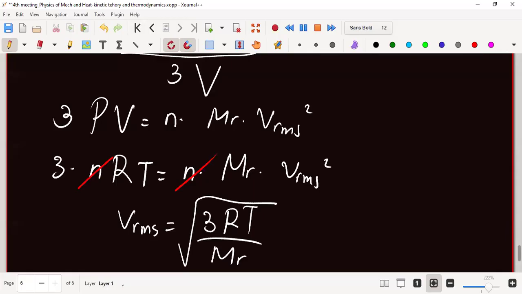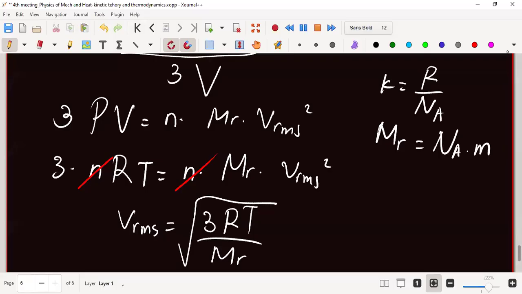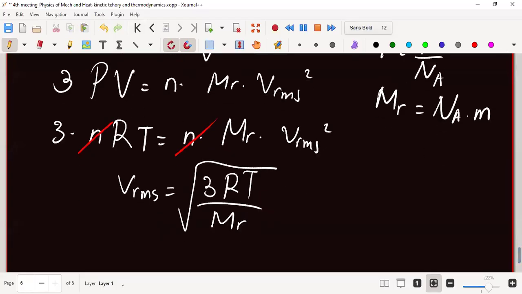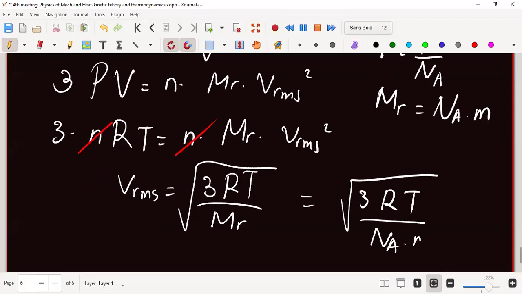And then remember that k is R divided by Avogadro number, and the molar mass is Avogadro number times the mass of the molecule. So this is equal to 3RT divided by Avogadro number and mass of molecule.